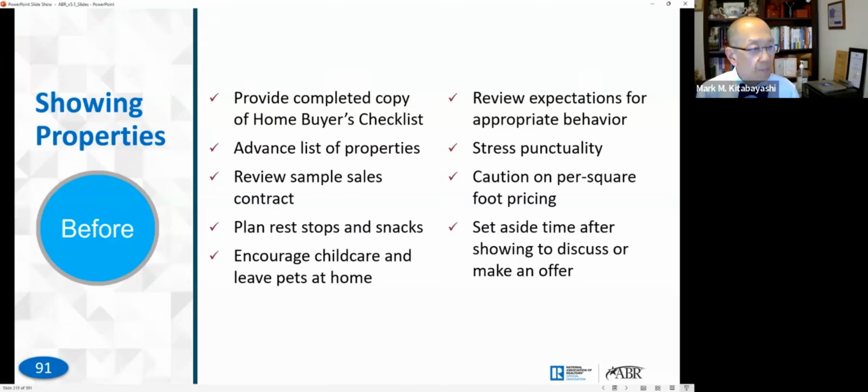And this is possible because it's attached to the listing on the MLS. So it's very rare, unless it's a very, very expensive house, that the listing agent or the seller is there.